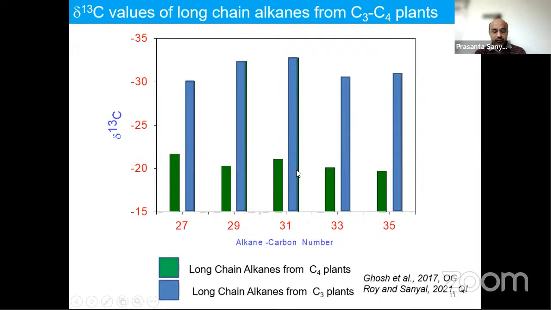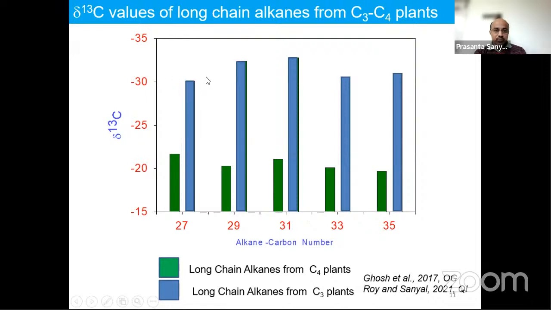So here also you can see, like bulk isotopic composition, the C3 and C4 plants were characterized by distinct isotopic composition. So the same relation you can also see here. The carbon isotopic composition of alkane in C4 plants, their average value is around minus 20 per mil.